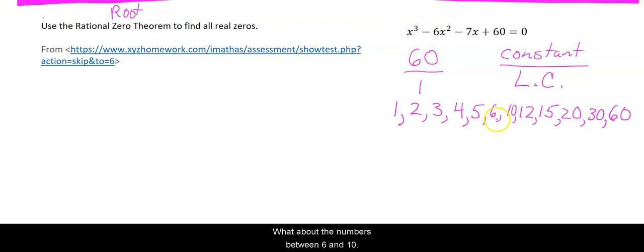What about the numbers between 6 and 10? The numbers in there are 7, 8, and 9. 7, 8, and 9 do not go into 60. Therefore, these are all the factors of 60. The factors of 1 from the denominator are just 1s.